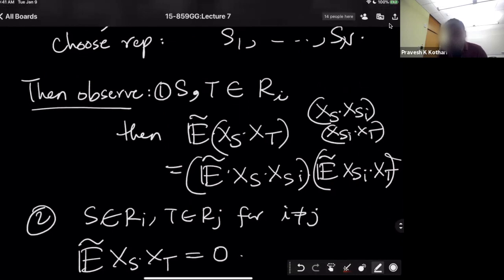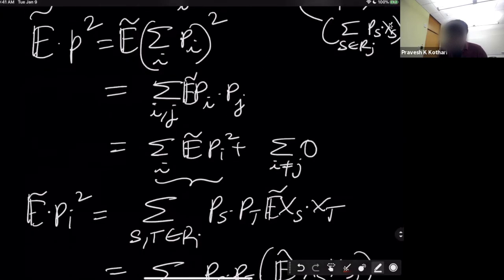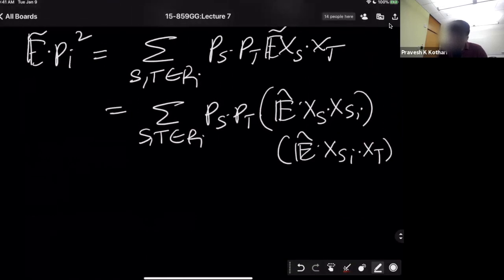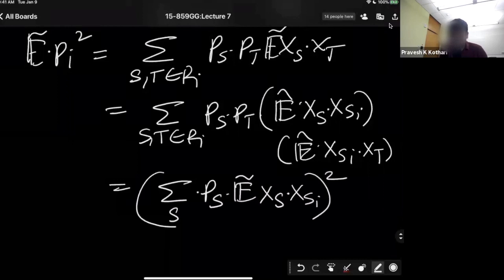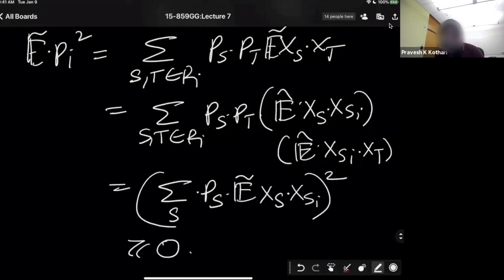That's property 1. Good. But now we are done, because I can write this whole expression as simply a sum that is a square, and because it's a square, it's certainly non-negative. That's it. That's the proof. I wonder if it's anticlimactic, but that's it.